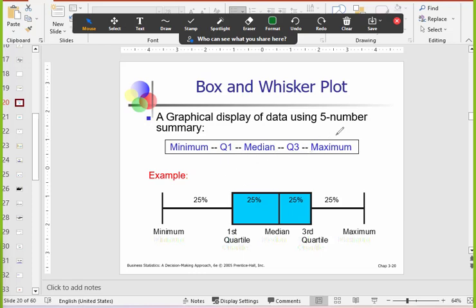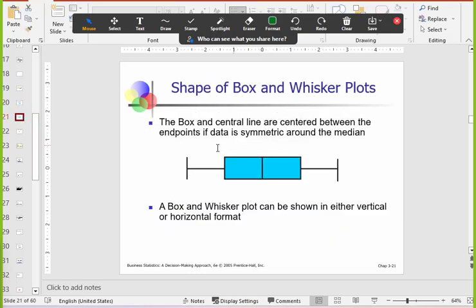If it is symmetric data, the box will be in the middle, and the distance here will be equal to the distance here, and this distance will be equal to this distance. Then the data will be symmetric, and it is the same meaning as the symmetry that we discussed earlier, where the shape was discussed. Okay, so this is symmetric data.